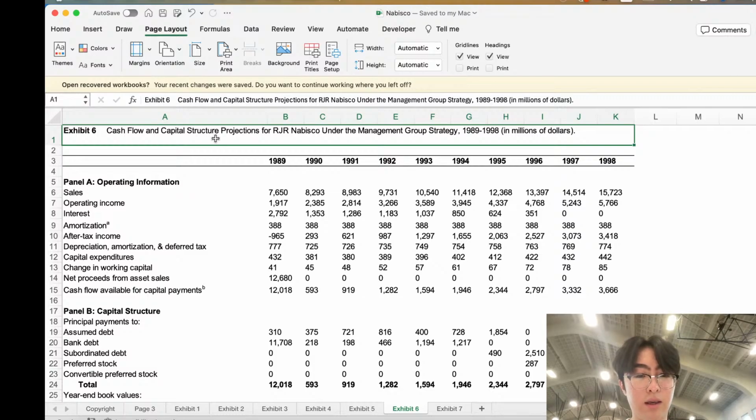The only type of financing at RJR Nabisco that has a different market value is the common equity noted above.